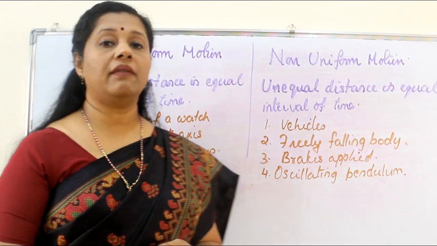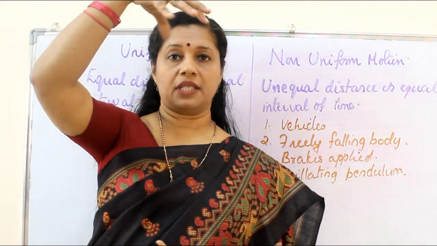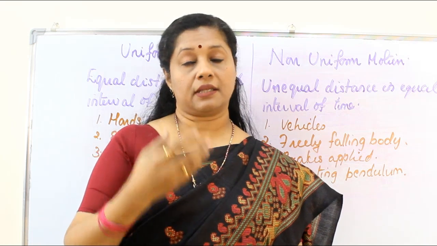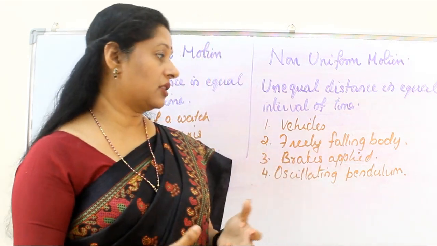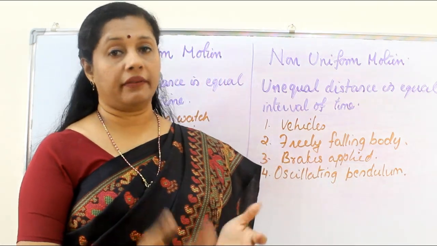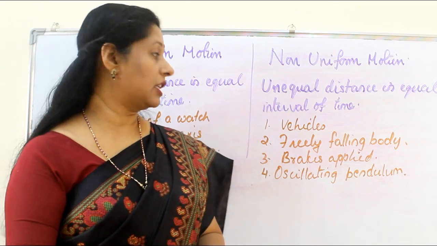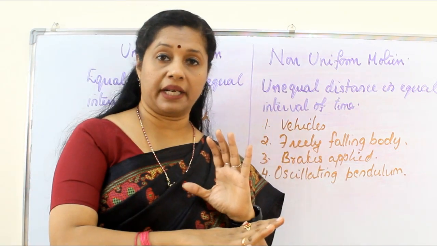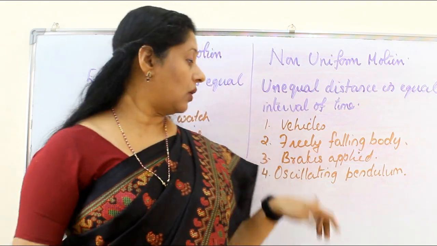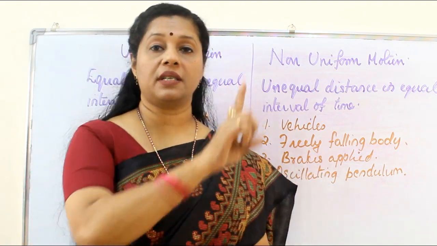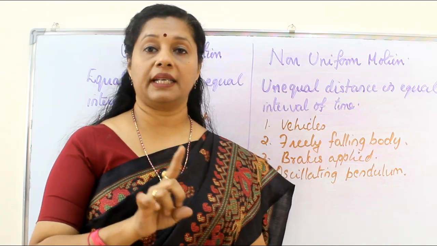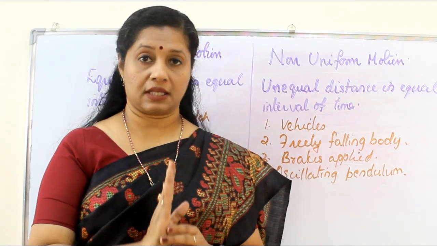Also a freely falling body under the force of gravity will be increasing its speed. So actually it is covering a different distance in different equal intervals of time. Then if a car is moving at a speed, but all of a sudden the brake is applied, it will slow down. Or an oscillating pendulum, first it is oscillating, but then it slowly decreases its speed and comes to a still position.